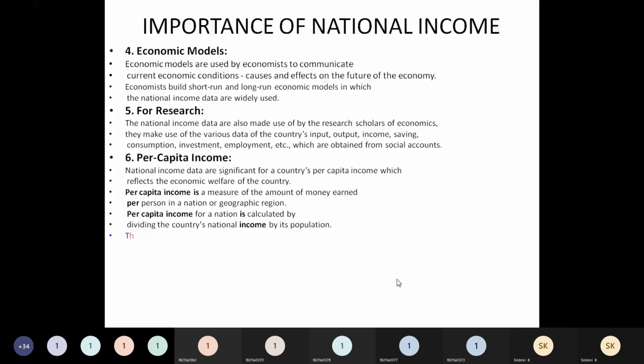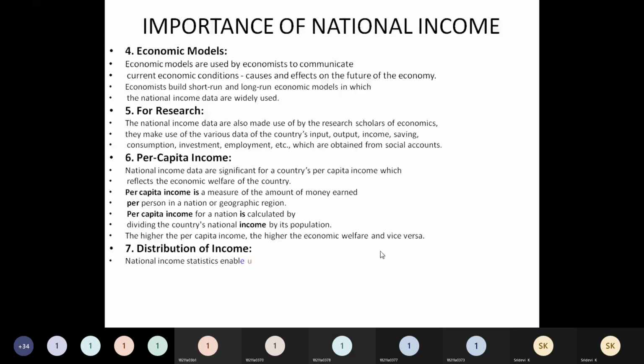And if you want to distribute the income also, this national income is required here. Whatever the national income, that is what budget they are going to create. So based on this national income only, they will be creating this budget for each area, how much they have to allot.